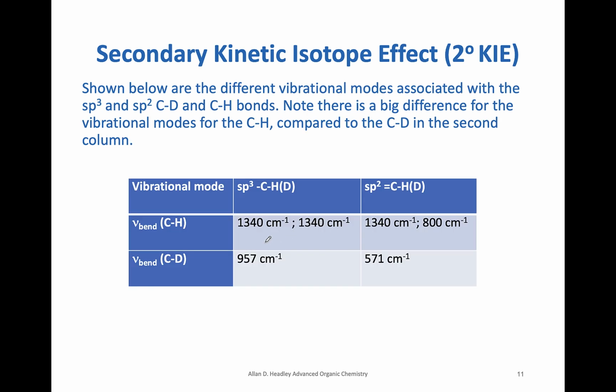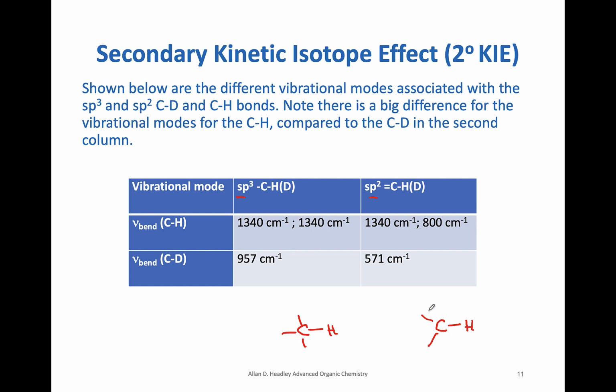What we have here is the vibrational frequency for the CH and the CD bond for the sp3 carbon and sp2 carbon. You may recall that if the carbon is sp3, it has 4 bonds to it, and if it's sp2, it has an H and just 3 bonds to it.